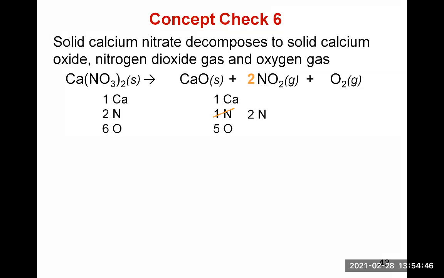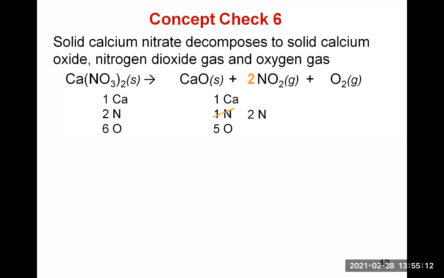But the 2 here in front of NO2 changes the number of oxygen. So we need to recount the number of oxygen. And in 2NO2, we have 2 times 2, 4 oxygen, plus 2 in the O2, plus 1 in CaO. So that's 7, 4 plus 3, 7. And we have 6 on the left.